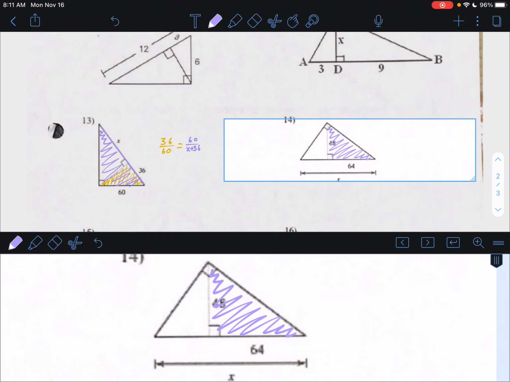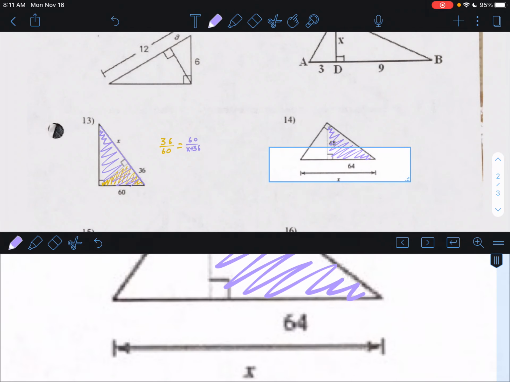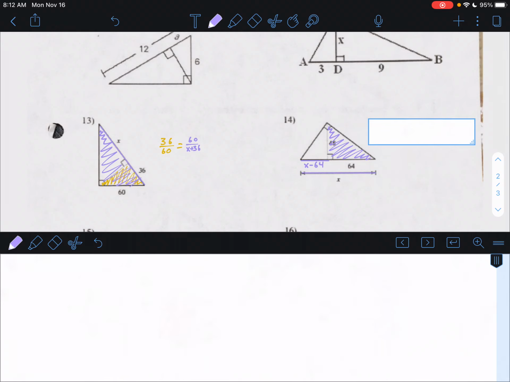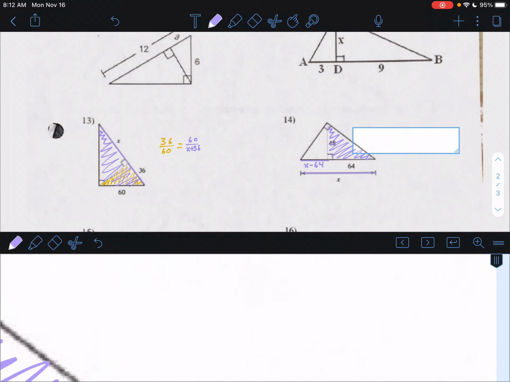So on this one, this length right here, if the entire length right here is x, and this part is 64, then this is x minus 64. So that's how we would set it up. We said the short leg of the medium triangle was 48.